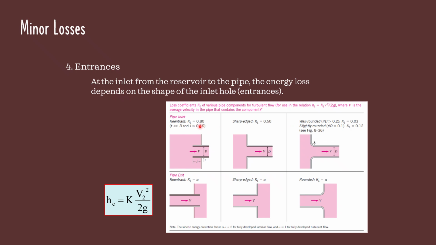So you can see the K is 0.8 and 0.5, and if the water flows easily, you can see that K is 0.0, so it will make the minimum head loss.